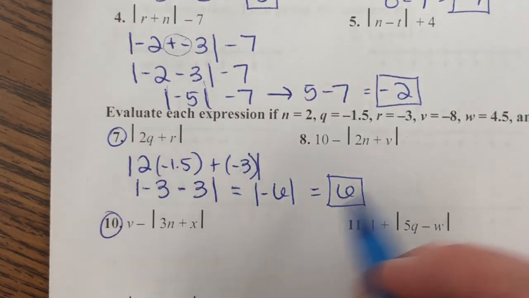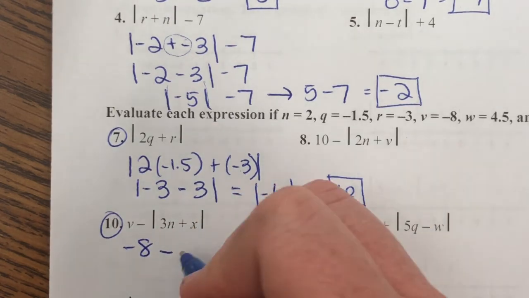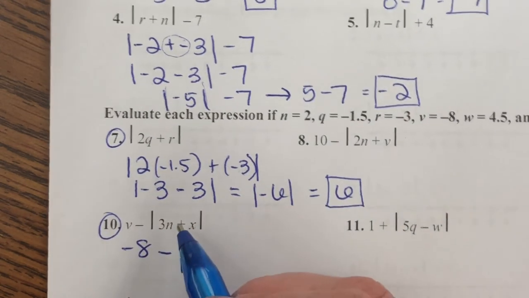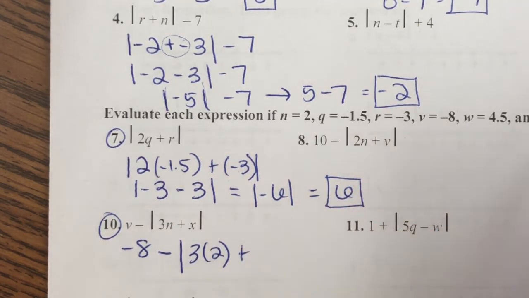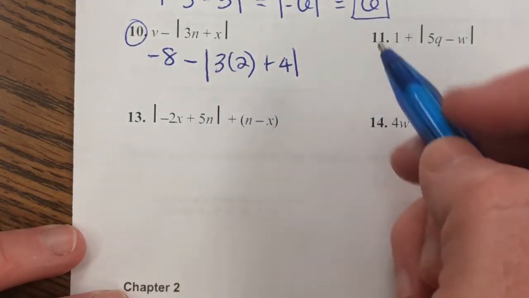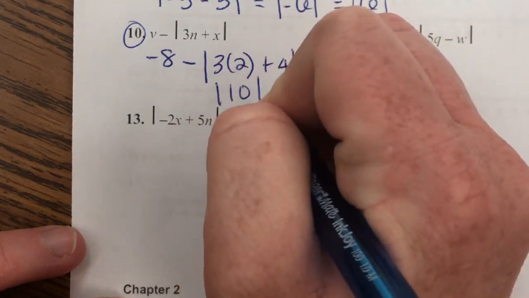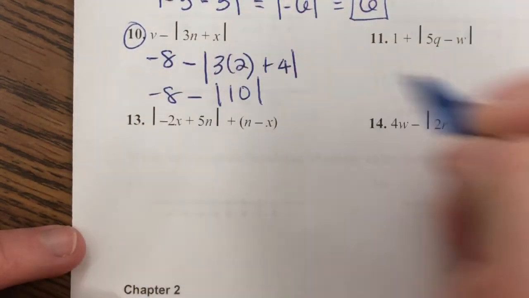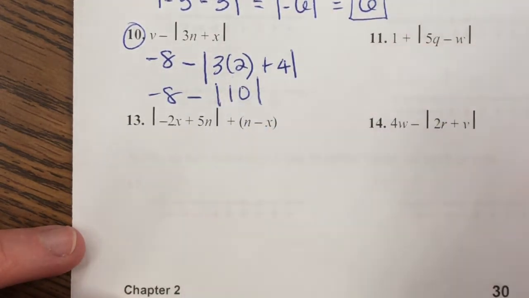And then number 10, we have v, which is negative 8, minus, and then the absolute value of 3 times n, where n is 2, oh, there's the bell, plus x, and x is 4. So then we can simplify. 3 times 2 is 6, 6 plus 4 is 10, so I take the absolute value of 10, and the absolute value of 10, that's the only number I have now, so it's just 10.